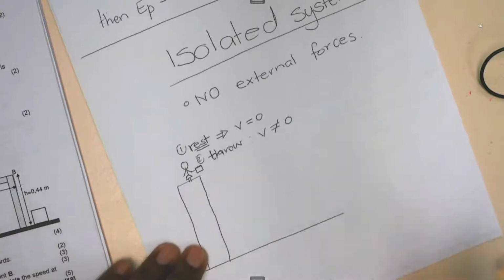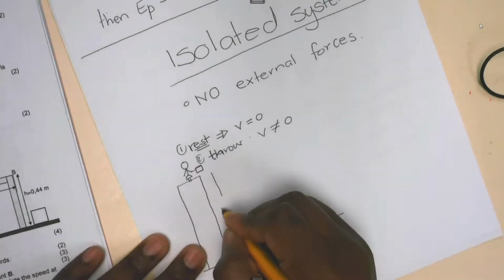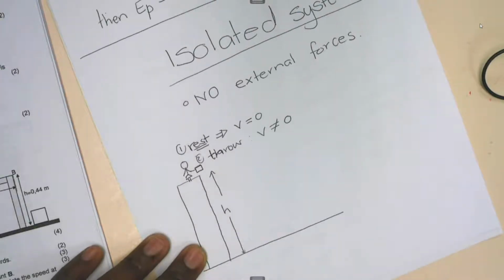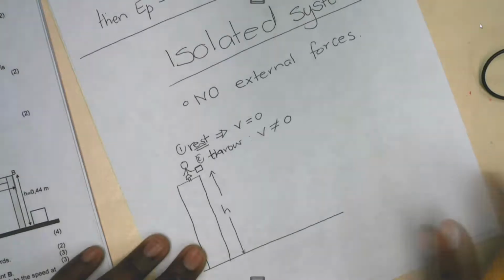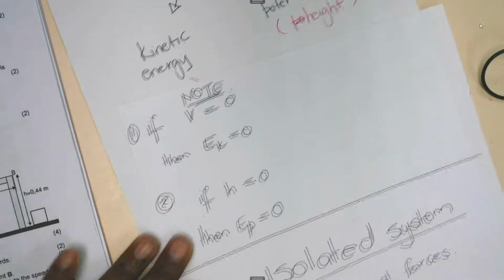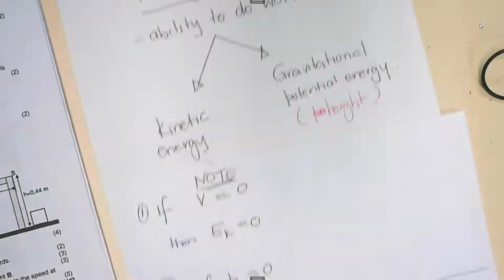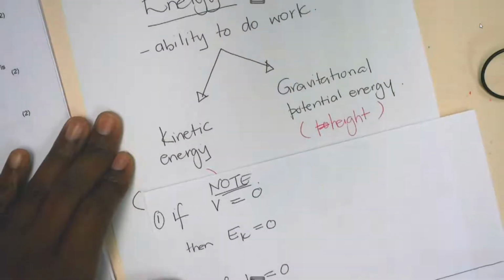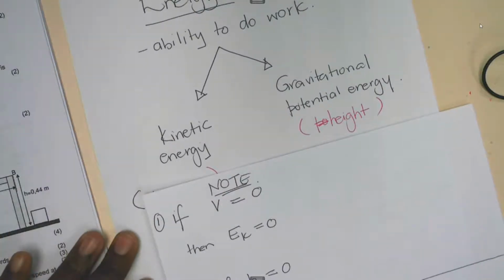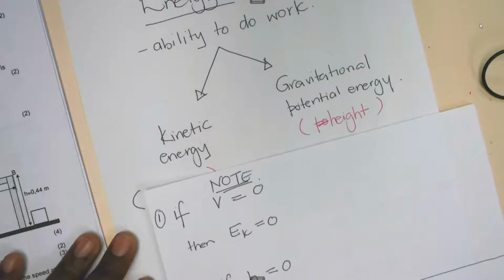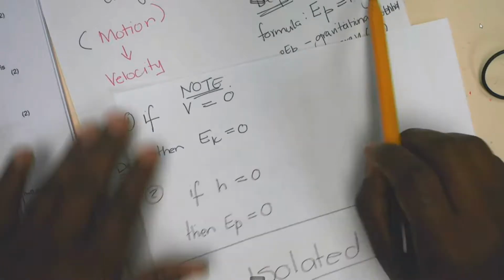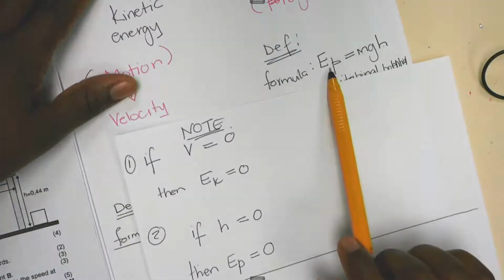Then this object is at a certain height above the ground, which means it has gravitational potential energy, the energy an object has due to its height above the ground. So if h is not 0, that means we have potential energy.